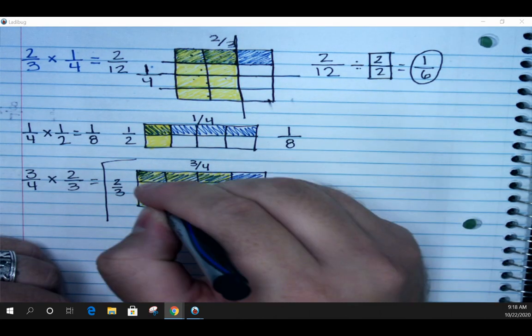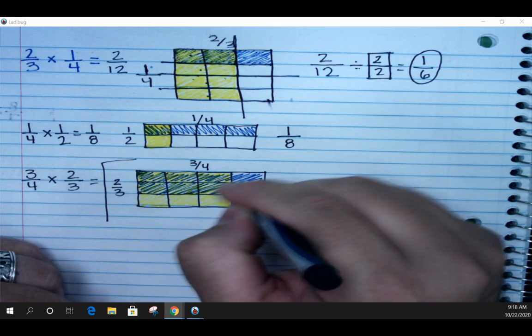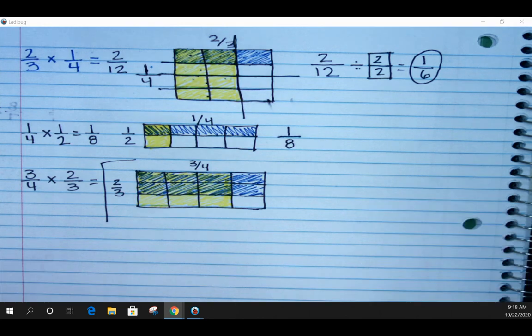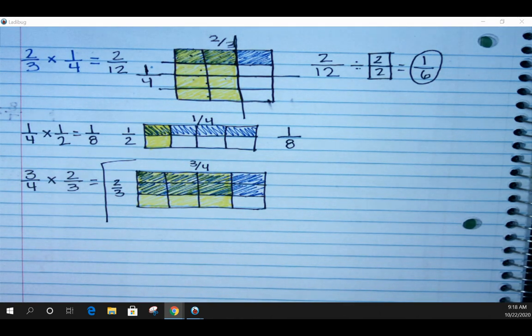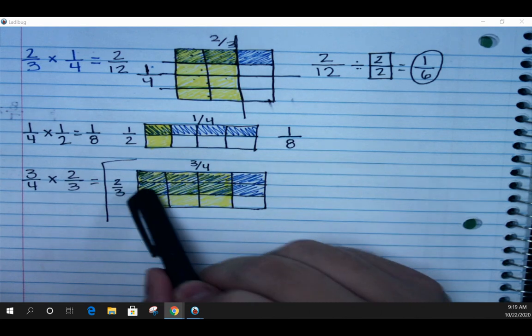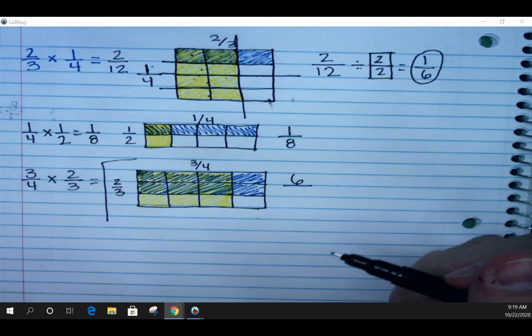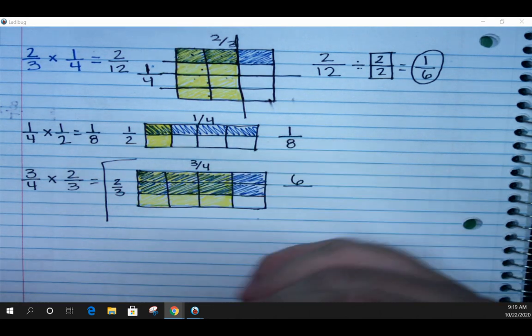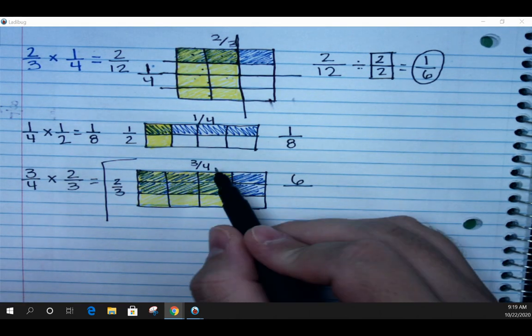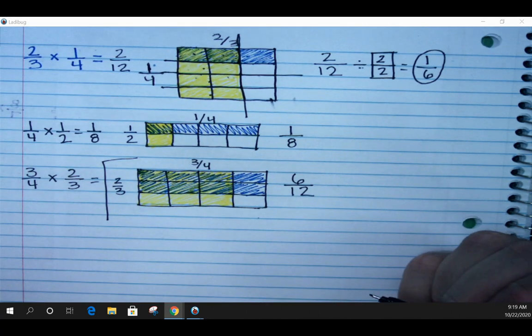It'll pick back up in a minute. So let's count how many are green. 1, 2, 3, 4, 5, 6. And let's count how many there are all together. 3, 6, 9, 12. 6 out of 12.